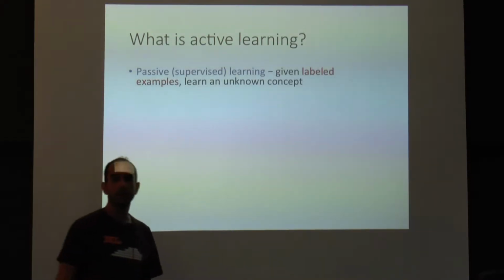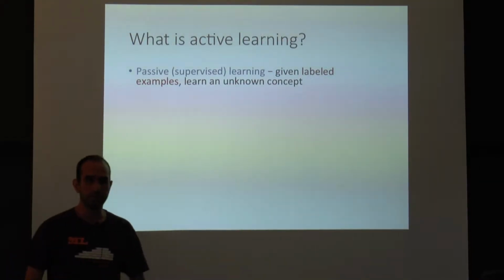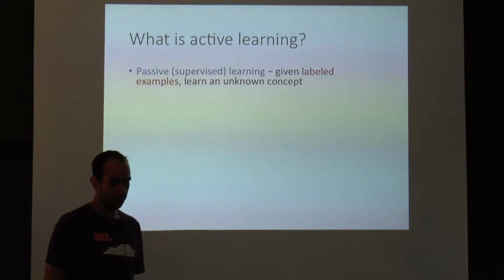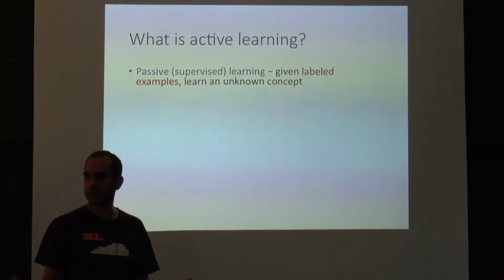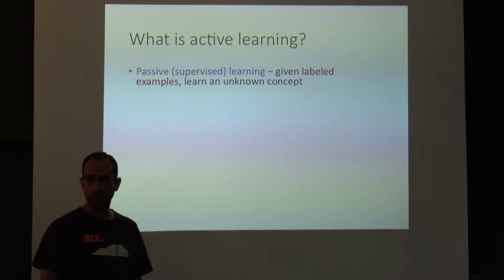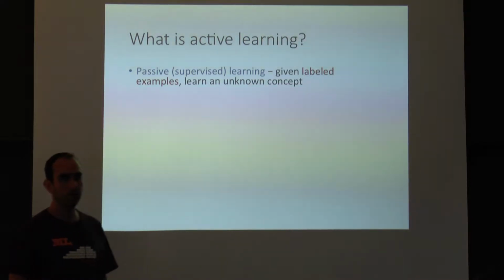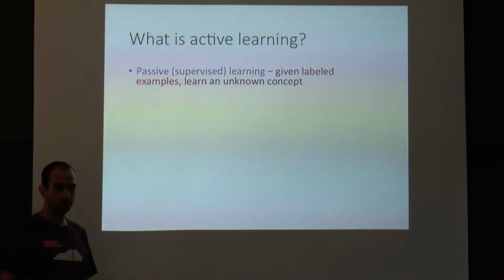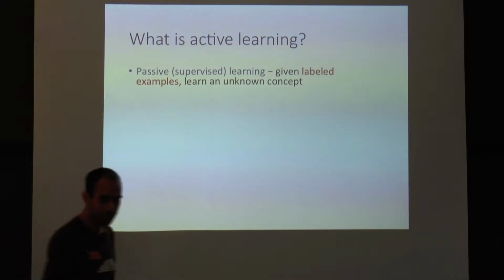So in classical passive supervised learning, we have an algorithm that has an access to a pool of labeled examples, and the goal of the algorithm is to learn an unknown concept.